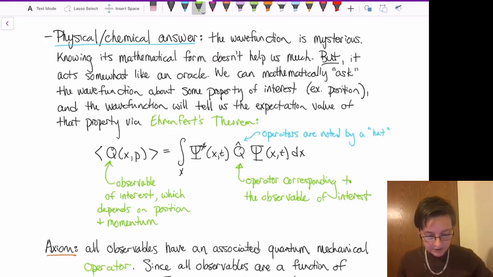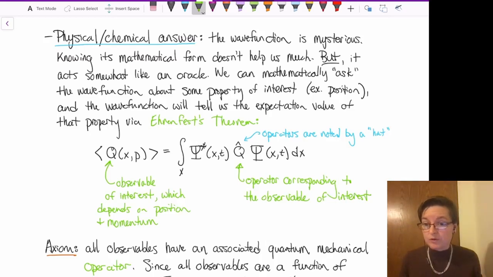And I'm going to give you something called Ehrenfest's Theorem as an axiom. Ehrenfest's Theorem tells us the expected value of some observable of interest, which normally depends on position and momentum.